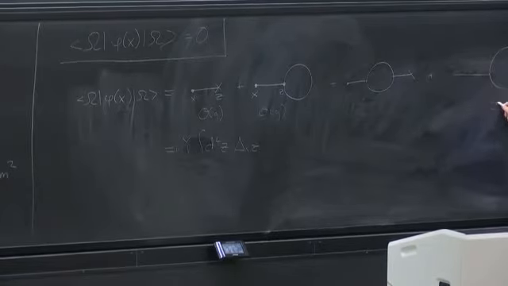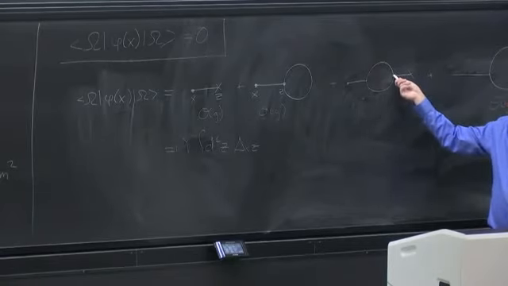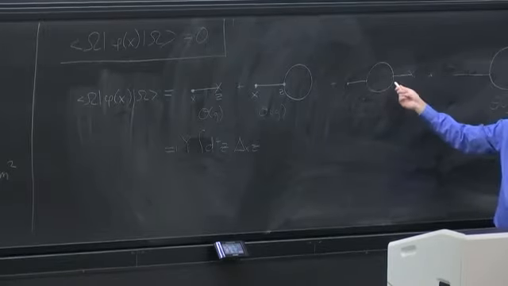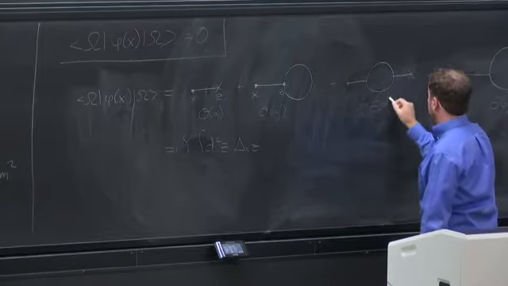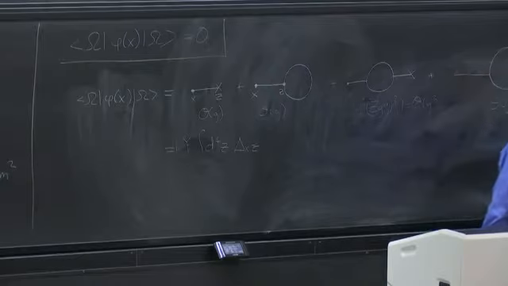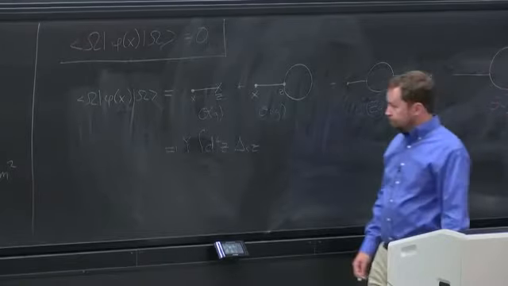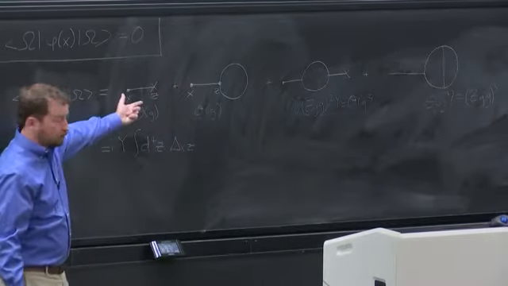So this is an order G cubed diagram. This has 2 G's, 2 of the ZG diagrams. This is like ZG squared y, which is order G cubed. And this is this term.